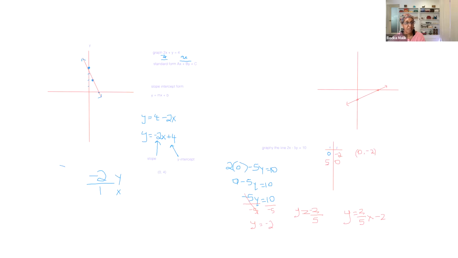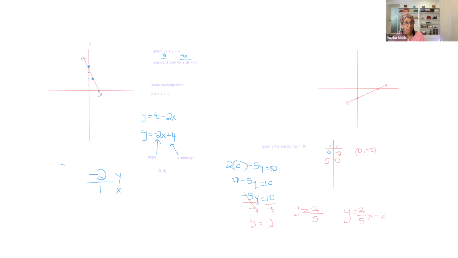Like if I'm driving a little car, would it be positive because it's going up a hill? Exactly. That's my car and I'm driving up the hill, so my slope would be positive. Whatever I did down here, I expect my slope to be positive, which it is, because in my slope-intercept form, it's positive 2/5.